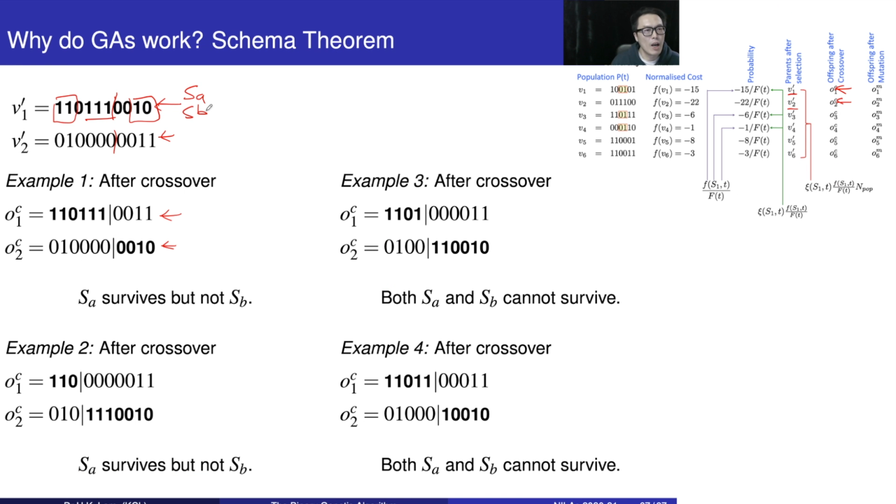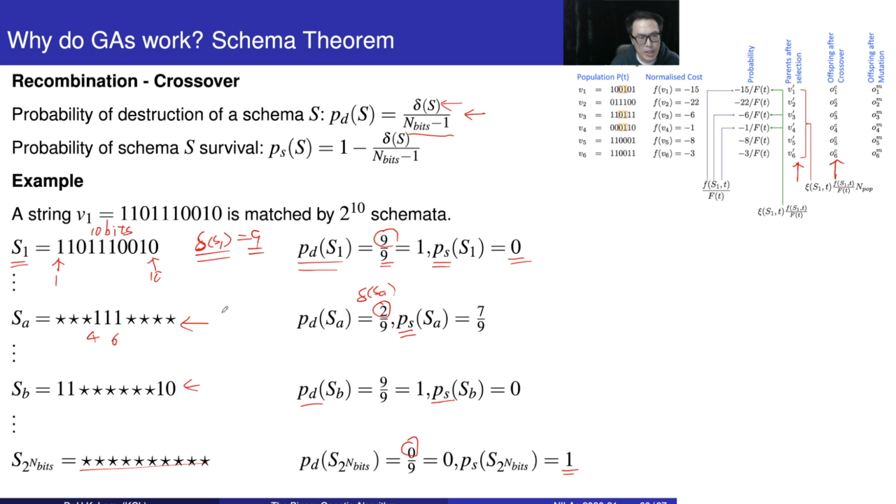Now, after the crossover, if we choose the crossover point right here, we find that this one will be SA, and then this one will be nothing. Another schema. So SA survives, but not SB. So it also shows that SA has a higher chance to stay compared with SB.